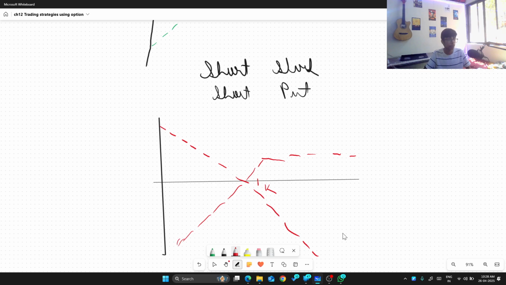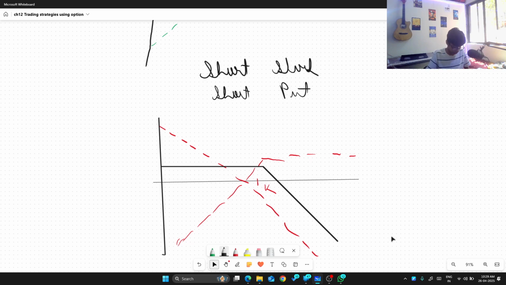And so the complete payoff structure of the portfolio would be, yeah, this will be the portfolio structure, and if you think, it is like a short call, right? So it is also called the reverse of a protective put.